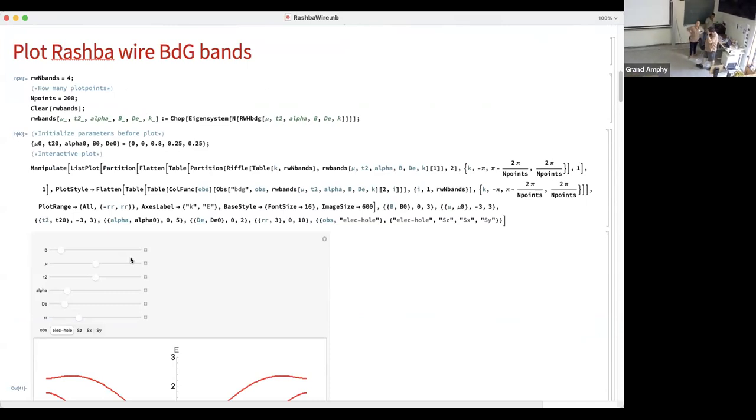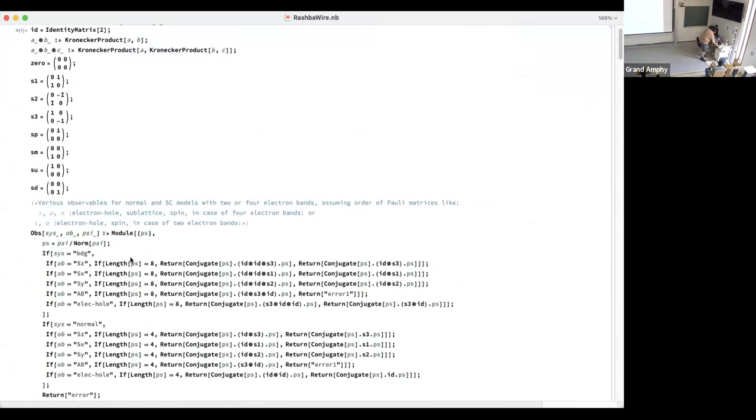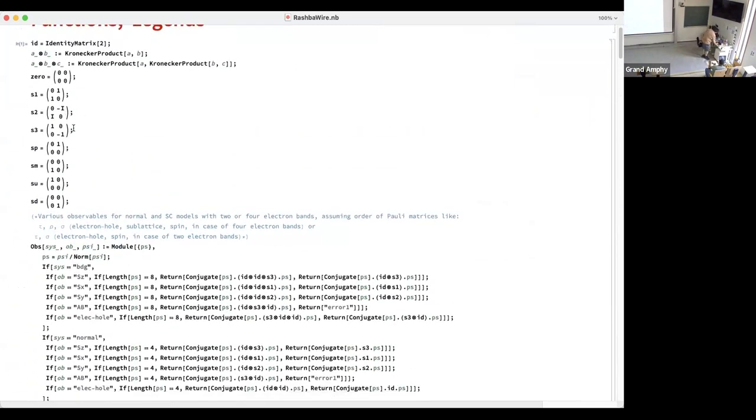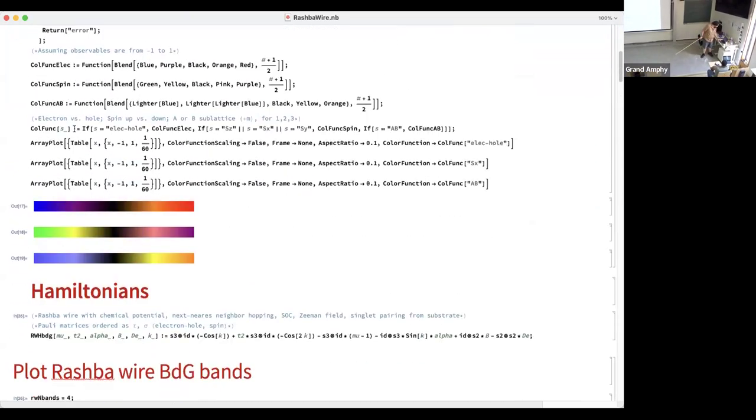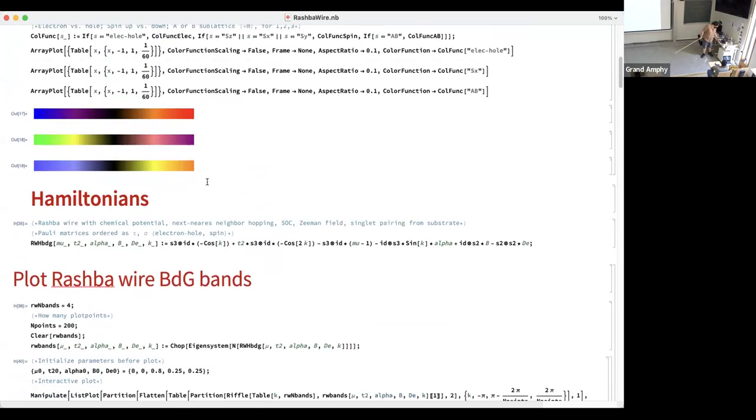Well, okay. I'll use that time to say, you can define your Pauli matrices, and then you can define tensor products of Pauli matrices, and then your whole Hamiltonian is just one line.